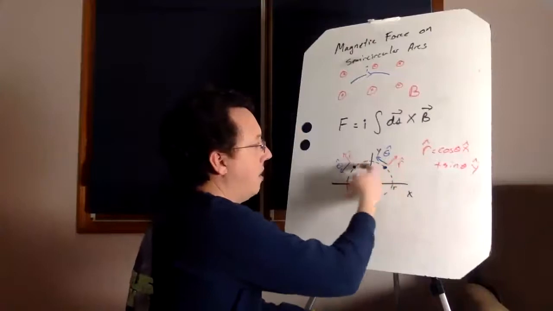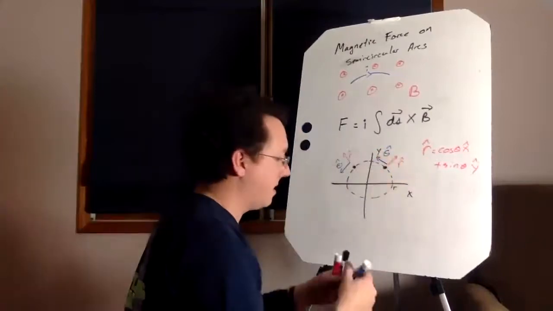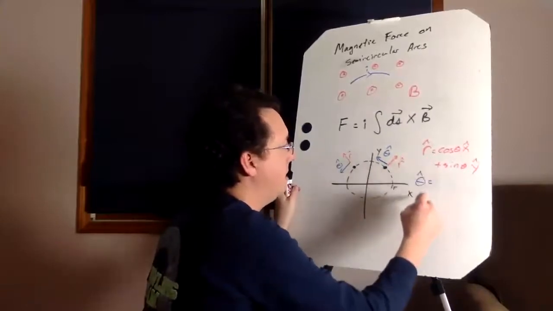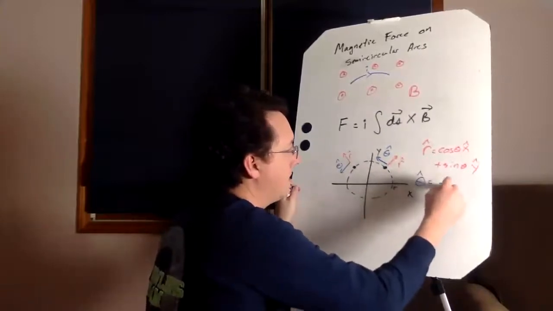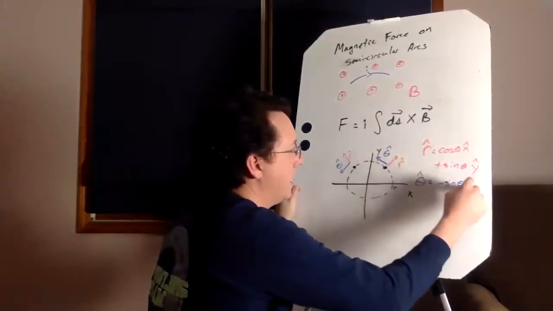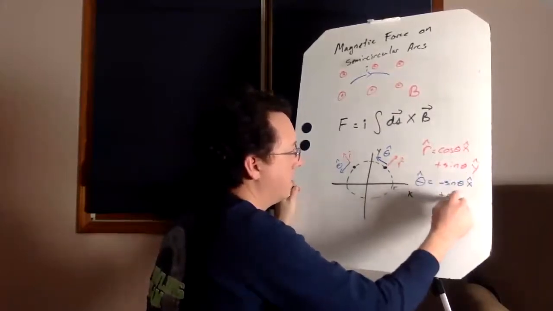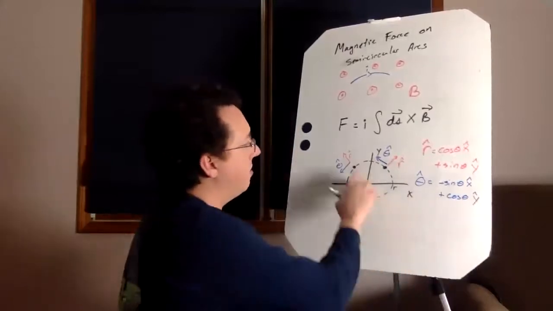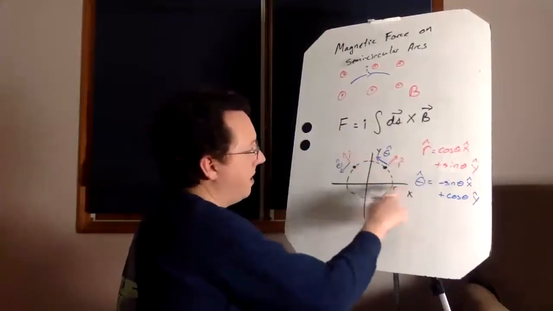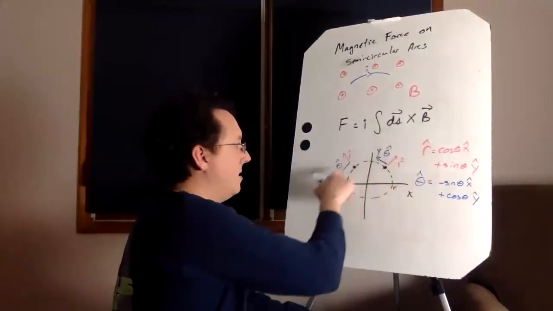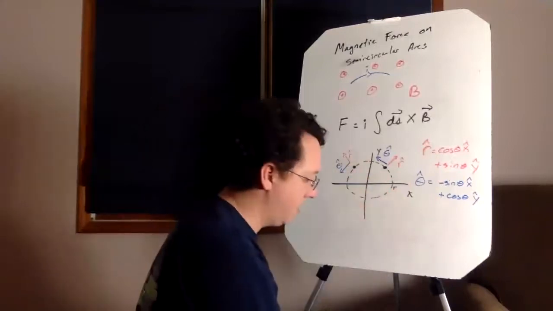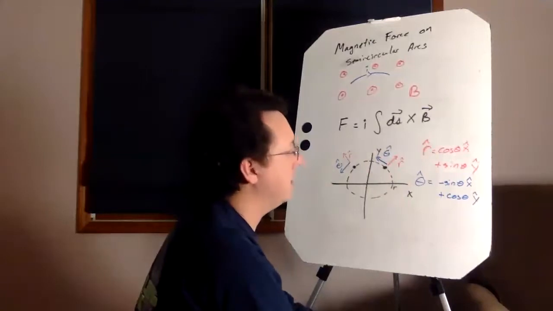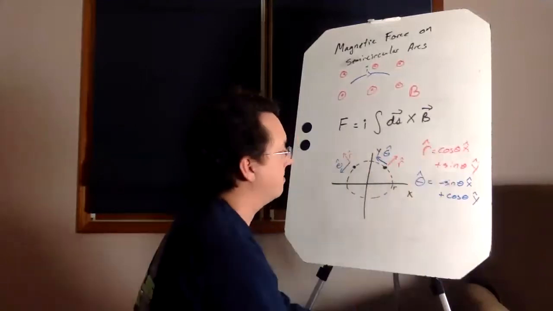And when you're standing along the y-axis, theta hat points in the negative x direction. So it's not too hard to guess that theta hat must be minus sine theta x hat plus cosine theta y hat. Just try it out: evaluate these two vectors at nice 0 and 90-degree points along the circle, and you'll see that these are the right vectors.